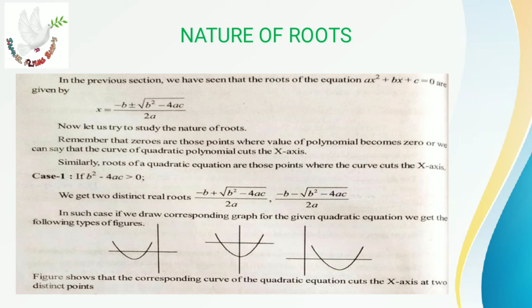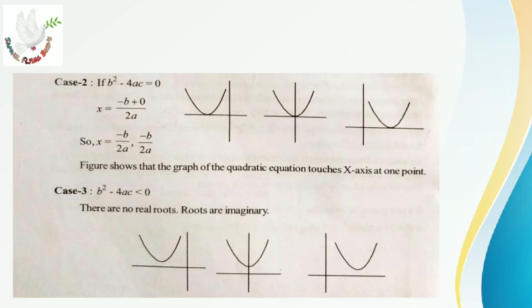In such a case, if we draw the corresponding graph for the given quadratic equation, we get curves as follows. The figure shows the curve corresponding to the quadratic equation cutting the x-axis at two distinct points.